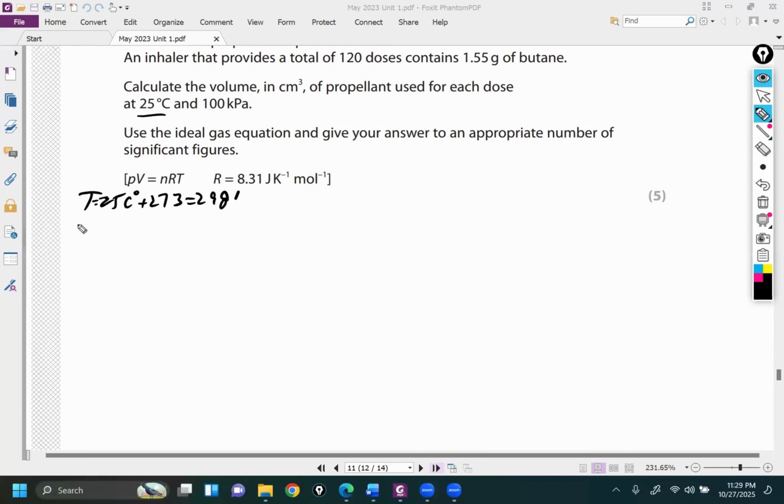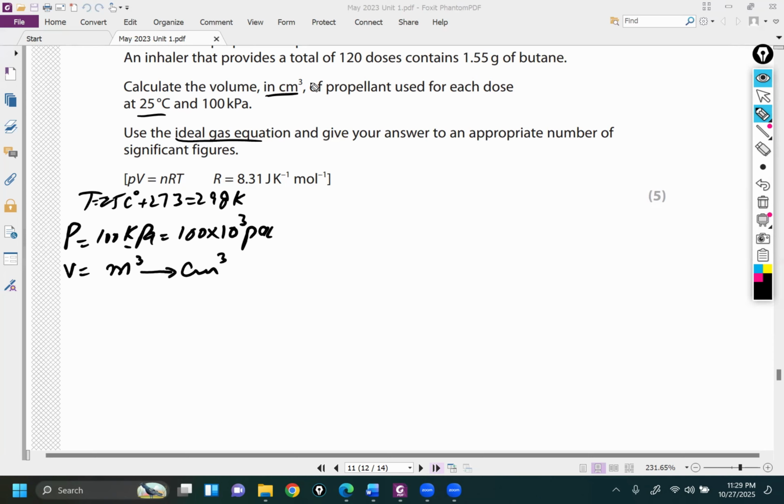Pressure is given as 100 kilopascal, so you will write 100 times 1000 Pascal, because kilo means 1000. In the ideal gas equation, temperature is always in Kelvin, pressure in Pascal, and volume must be in meter cube. So when you calculate the volume here, it will be in meter cube. So we have to change into centimeter cube because it is the requirement of the question.